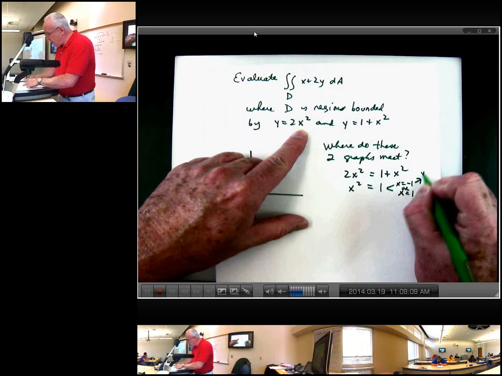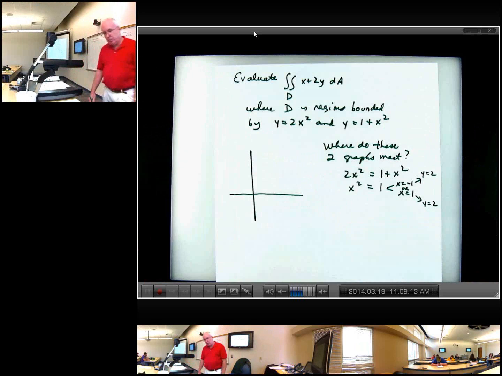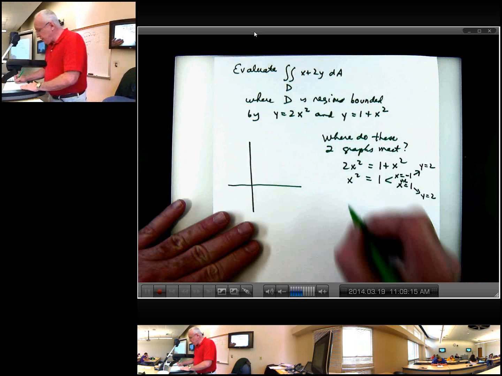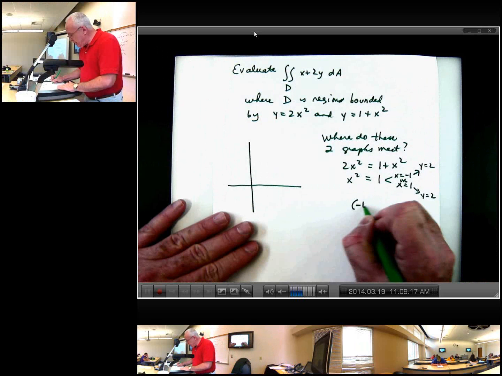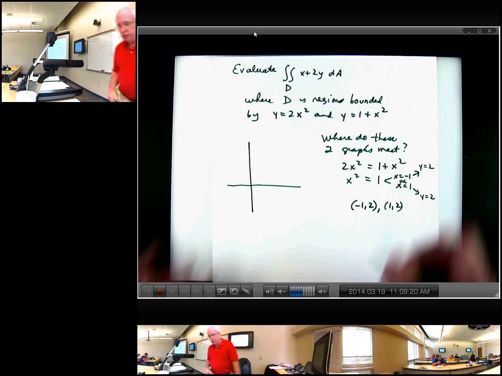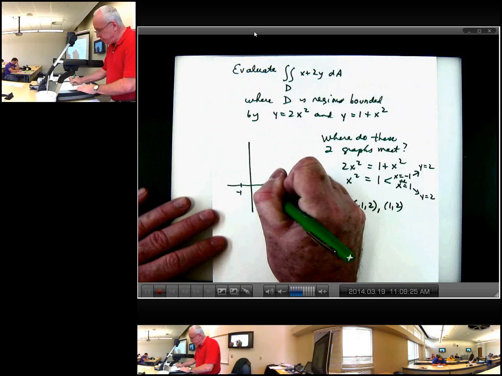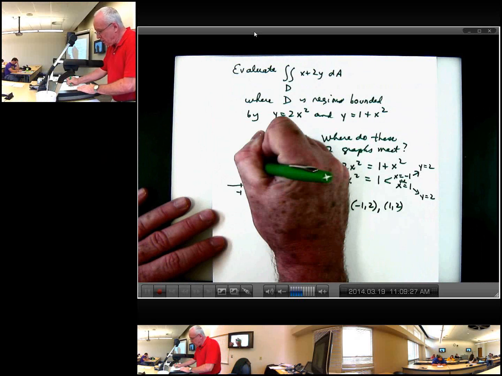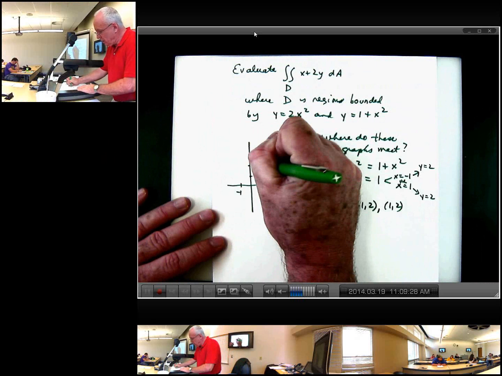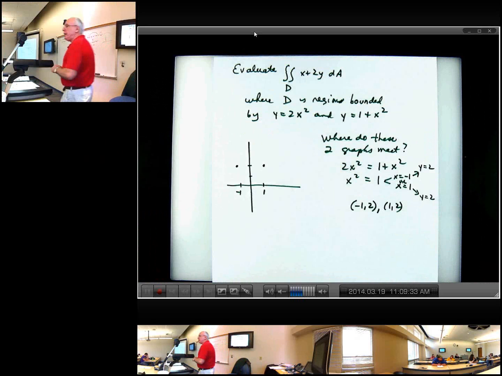So my y value is 2 for each of these values of x. So they meet at minus 1, comma 2, and 1, comma 2. All right. So let's start this little sketch here. Those are the 2 points that they meet at.